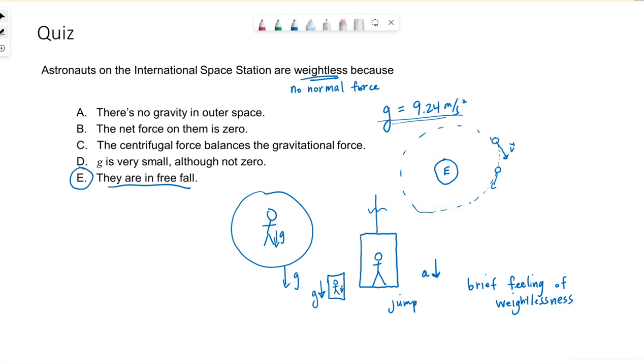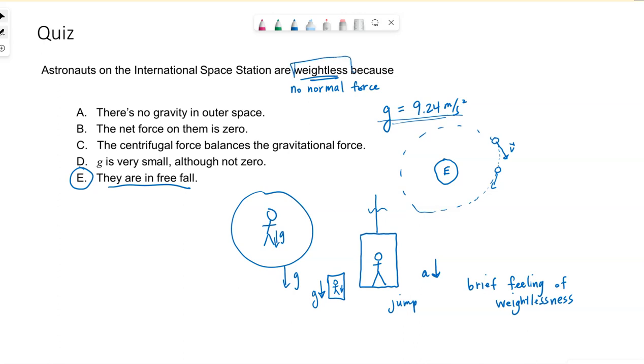And so we would not have contact between our feet and the floor of the elevator, but we would certainly be falling to the ground, which of course we don't want this to happen ever, because the end result would not be good, because we would hit the ground eventually.